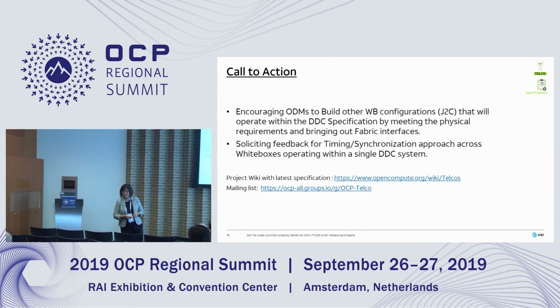The last page says you are encouraging the vendor to do the Jericho 2C, but do you encourage other vendors to do the same design? And when will be the deployment time frame?